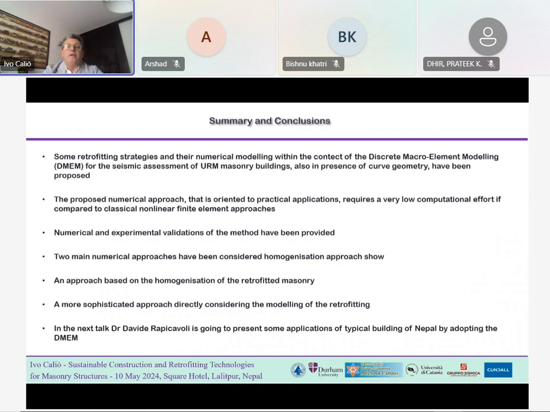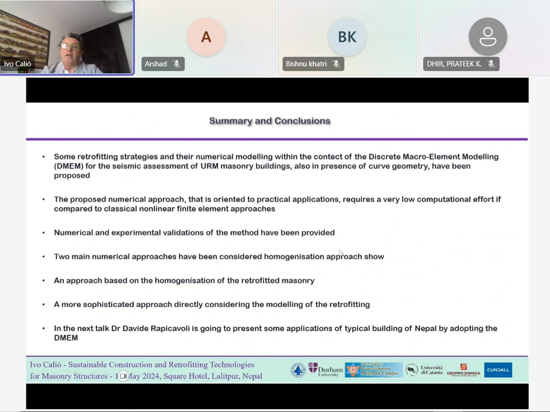So, in summary and conclusion, some retrofitting strategies and their numerical simplified modeling have been presented and proposed. The proposed numerical approach is mainly oriented to practical application, since it requires a very low computational effort compared to classical nonlinear FEM analysis.